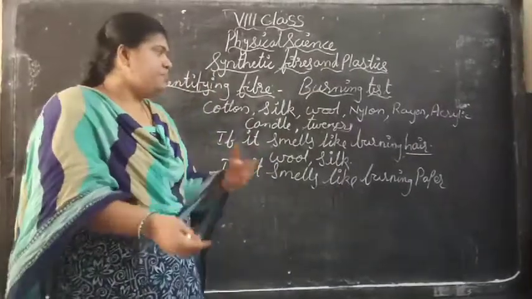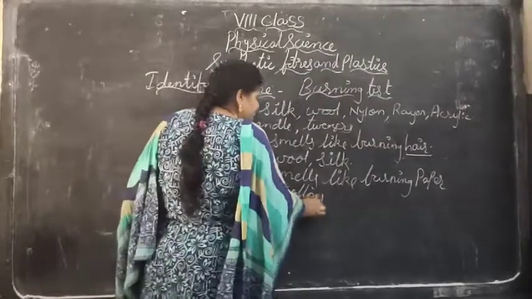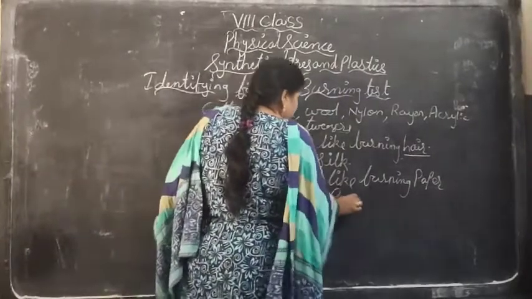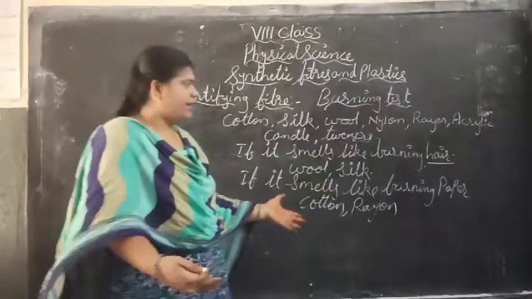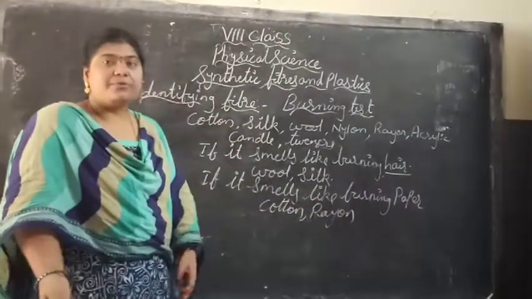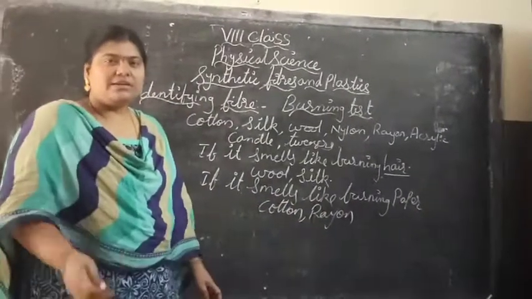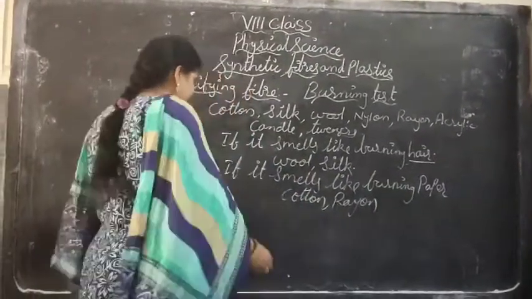So which fabrics smell like that? Cotton and rayon. You may get a doubt here: cotton is a natural fiber and rayon is a synthetic fiber. Why do both smell like burning paper? Further on in the lesson, you will learn about rayon.